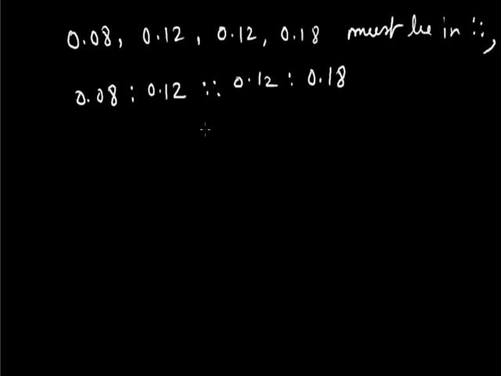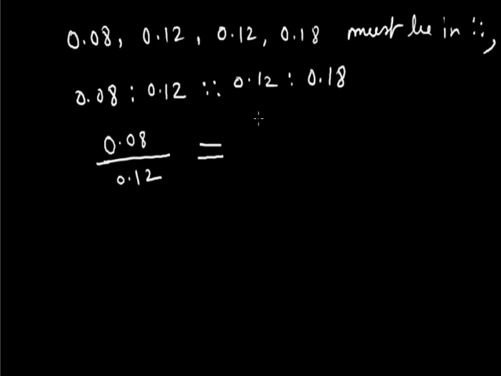Now this sign of proportionality can be replaced by the sign of equality, and this sign of ratio can be replaced by the sign of fraction or division between the two terms, antecedent and consequent. 0.08 makes the numerator of the fraction, and 0.12, which is the consequent, makes the denominator.